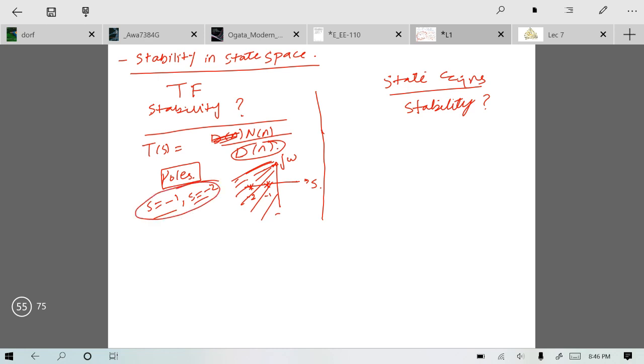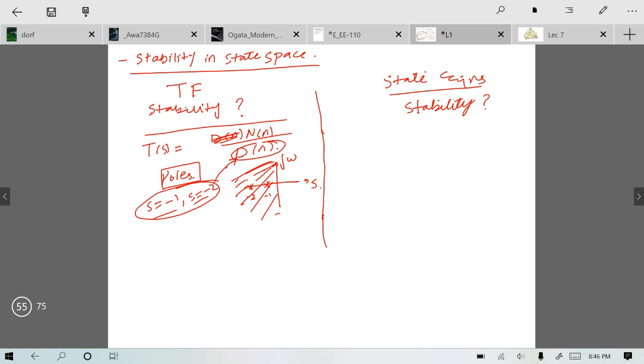Now you already know that these poles or roots depend upon the denominator, and this denominator obviously has terms which we know as zeta and omega n. Zeta is the damping ratio. So if your damping ratio is changed, the location of the pole is changed.